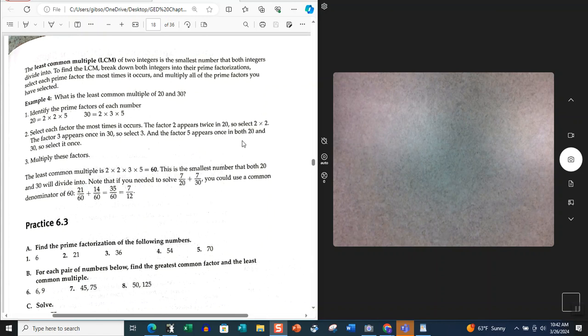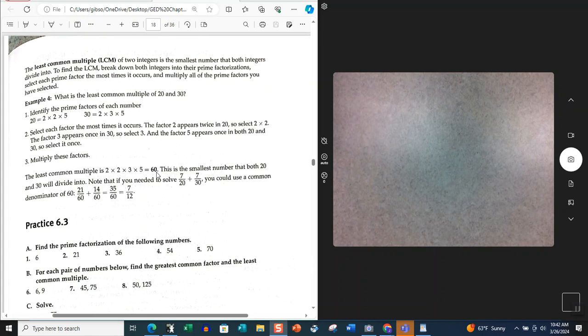So 2 times 2 would be part of your least common multiple. Now the factor 3 appears once in 30. That's the only time it appears. So we select the 3. And the factor 5 appears once in both 20 and 30. So you only write it once. So the prime factors are 2 2s, 1 3, and 1 5, which would be 60. That'll be the least common multiple.